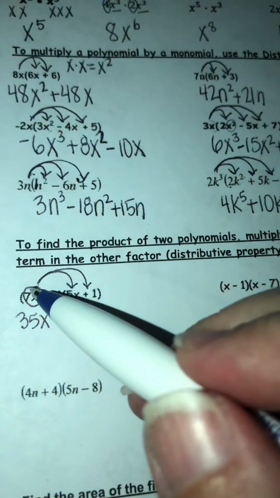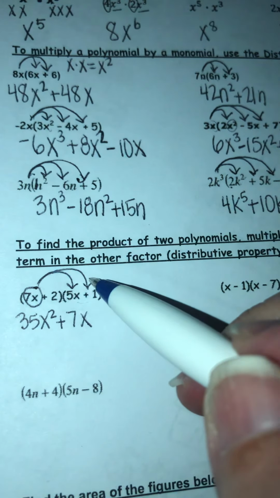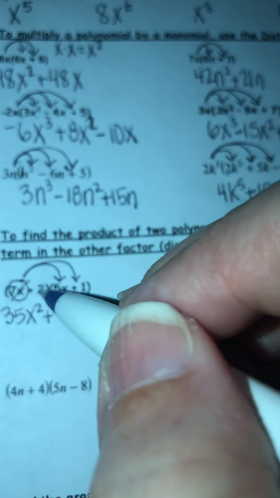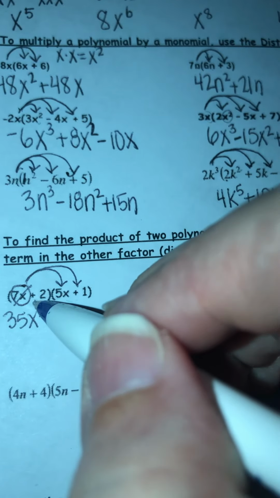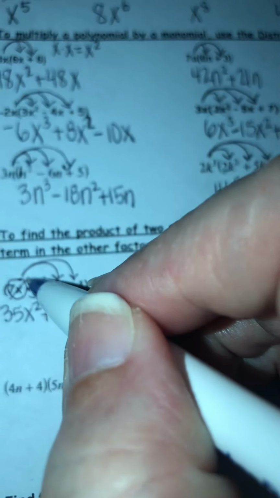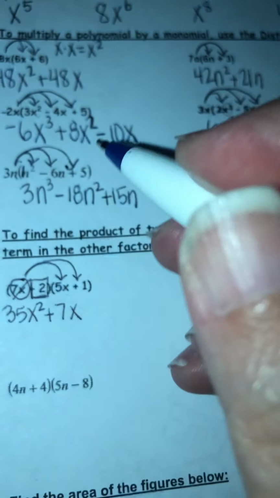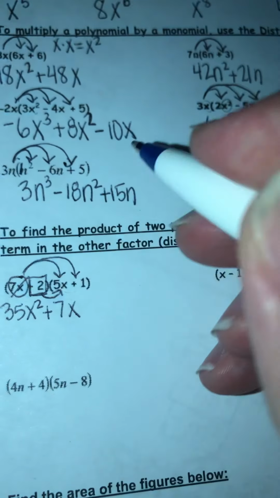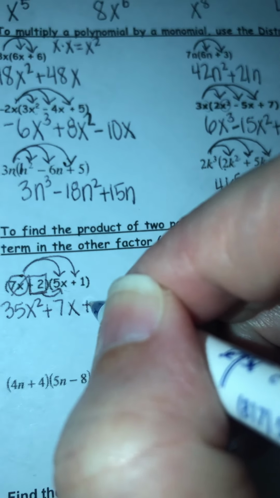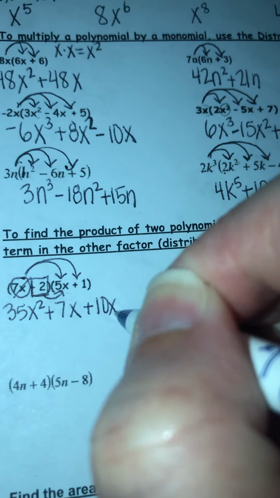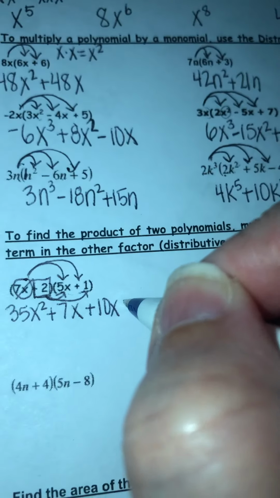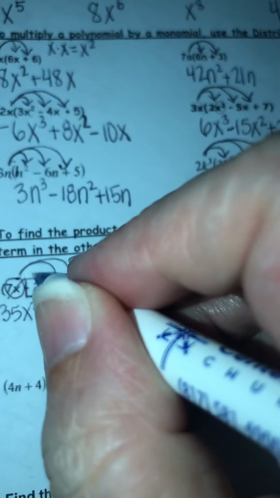Alright, once you have multiplied the first one by everything in the second one, you're done with that first term. And now you're going to take the second term, positive 2, and you're going to multiply by everything again in the second parentheses. So 2 times 5x will be a positive 10x, and 2 times 1 is a positive 2. And you're done with that.